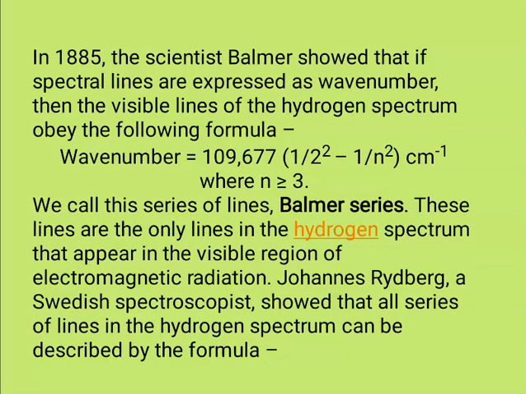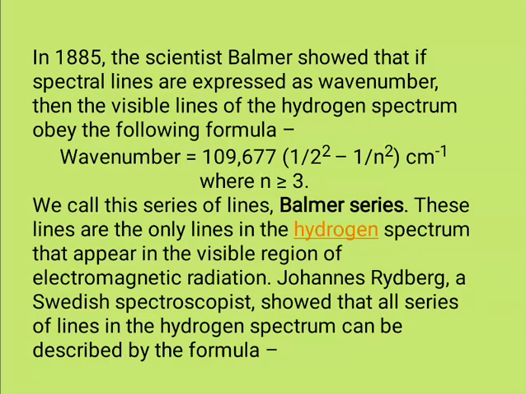Here n1 is fixed for the Balmer series, equal to 2. Now n can be 3, 4, 5, so it should be equal to or greater than 3. For Balmer's formula, n1 is always equal to 2.